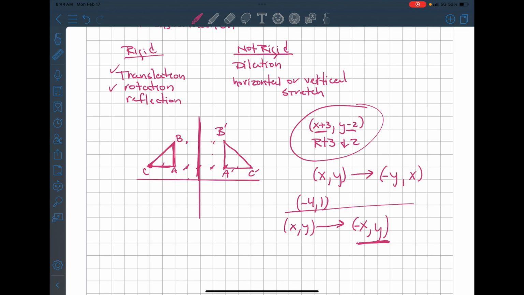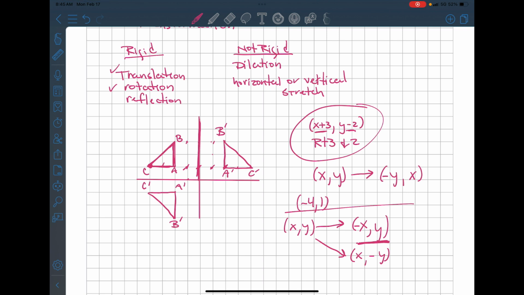If I wanted to reflect it over your x-axis, your y becomes negative, and you would just simply flip this over. Some of you like to say a flip. We're flipping it, but remember we have to preserve the distance away from our line of reflection.